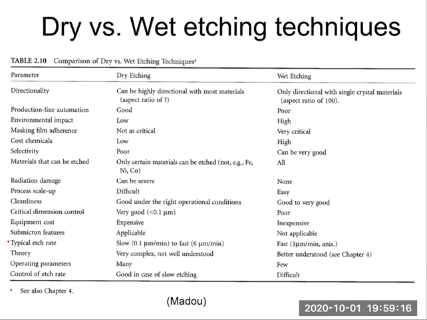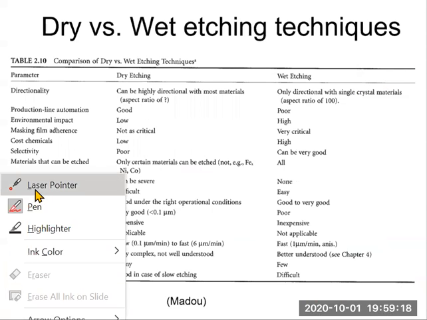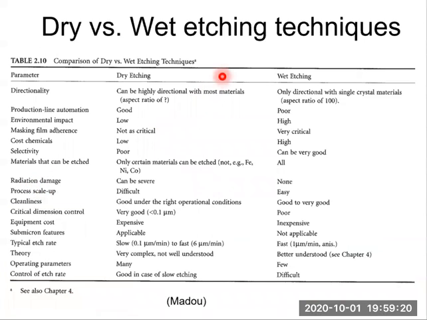Now let's compare dry and wet etching techniques. This column is dry etching, and this column is wet etching. First, directionality, or whether the etching is anisotropic or isotropic. Dry etching can be highly directional with most materials.